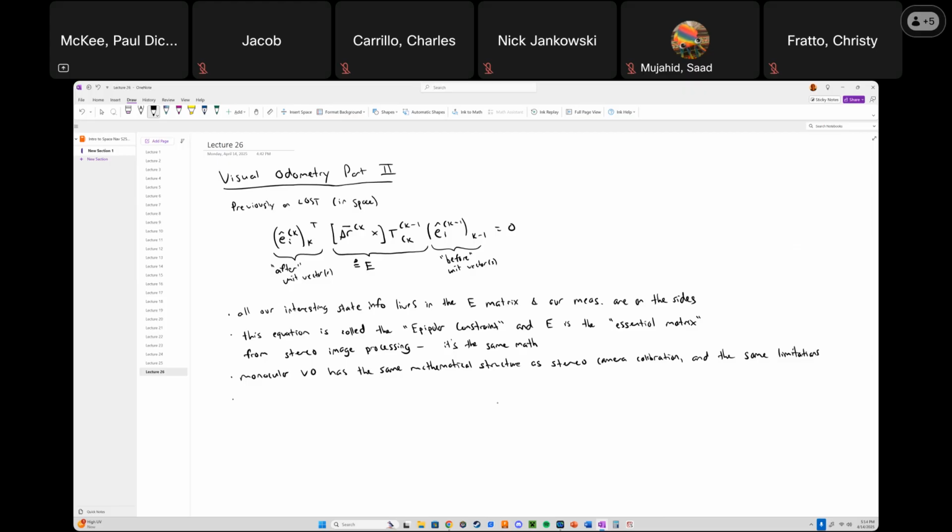So in both cases, we want rotation and translation between two cameras. And in both cases, we have a range ambiguity problem.